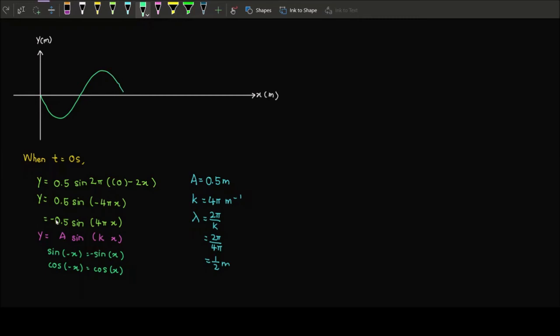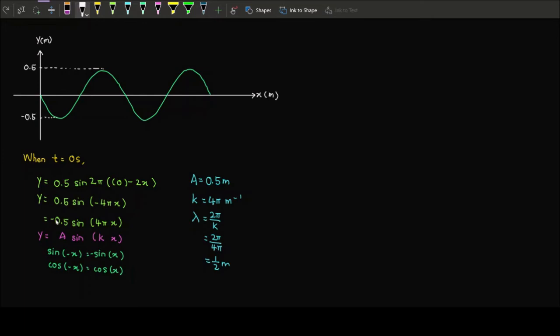As usual, I draw it for 2 complete oscillations. I think it's standard practice. Then I label the stuff. First I label the amplitude. The amplitude is 0.5, and on the opposite side, negative 0.5.